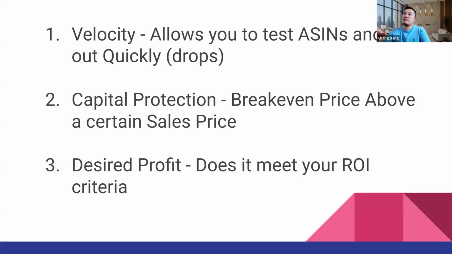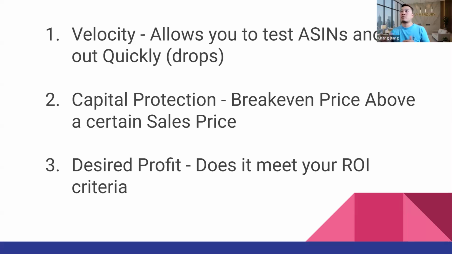Okay. The second criteria is called capital protection. What this does is it monitors your break-even price. When you put your cost into a profit calculator, a lot of the calculators will calculate what your break-even sales price will be, so that you can determine how low this sales price can go before you start to lose money.